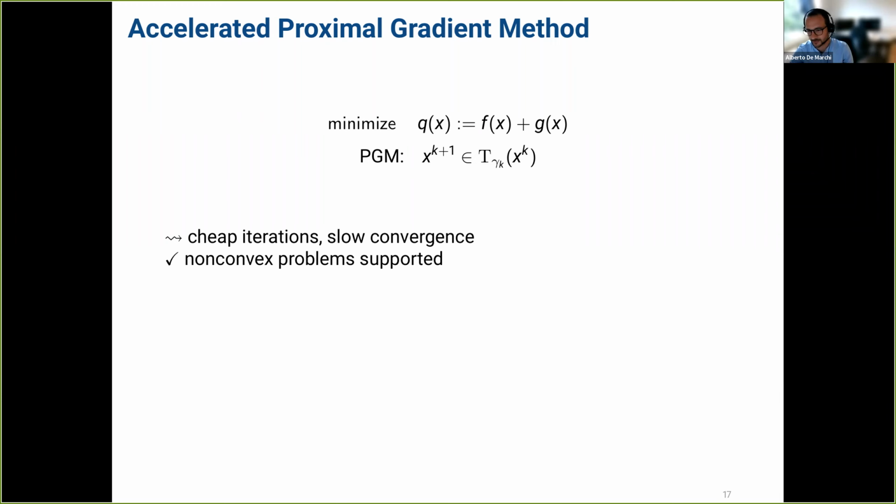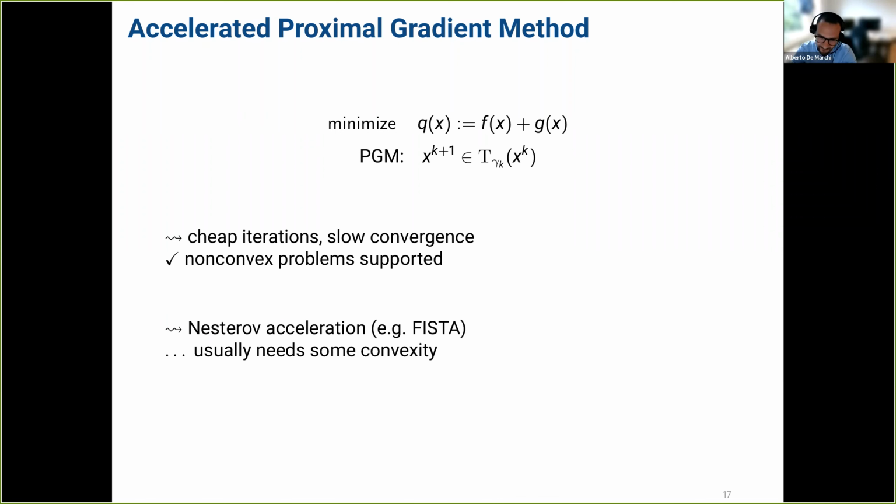But the convergence that we get is pretty slow, at most linear. But we can solve non-convex problems if we take care of this gamma. Are there faster ways to solve these problems?